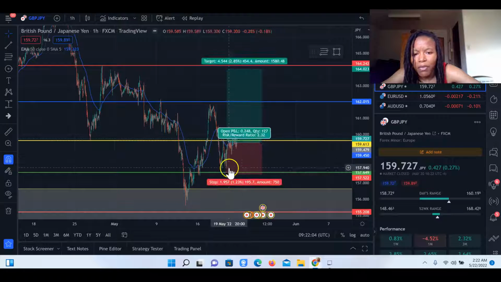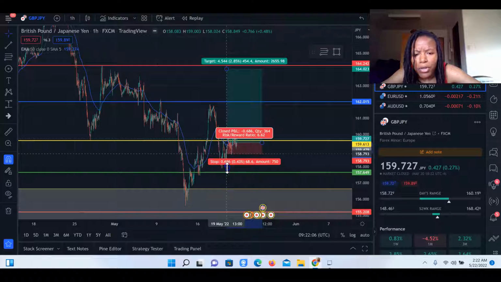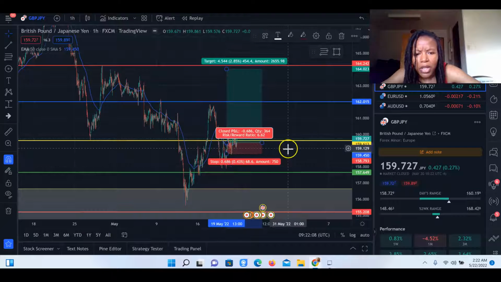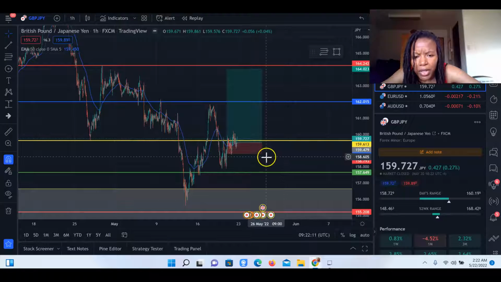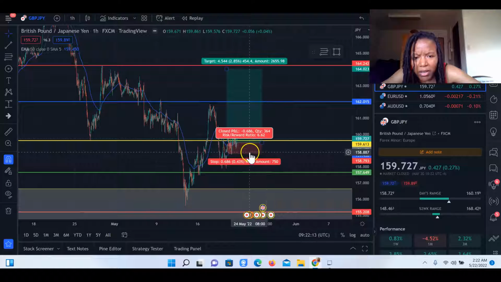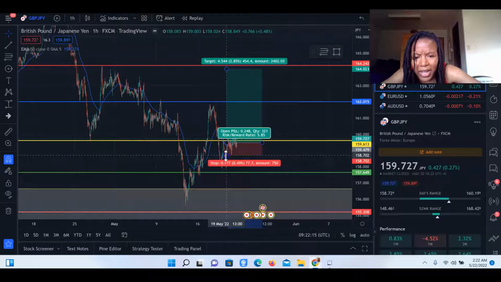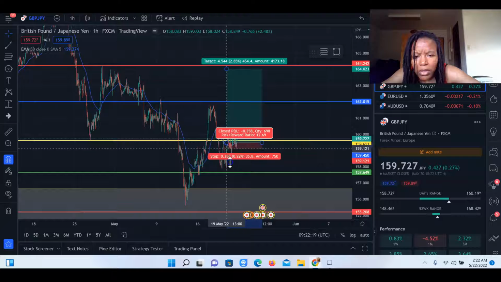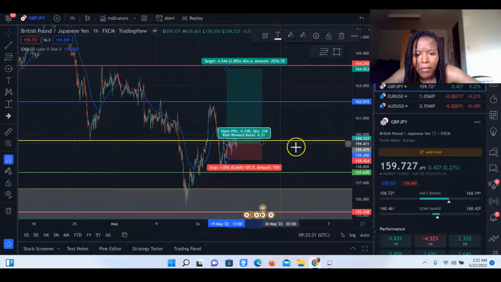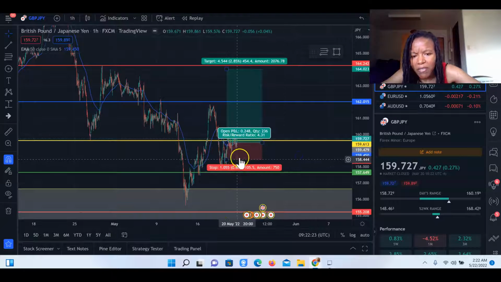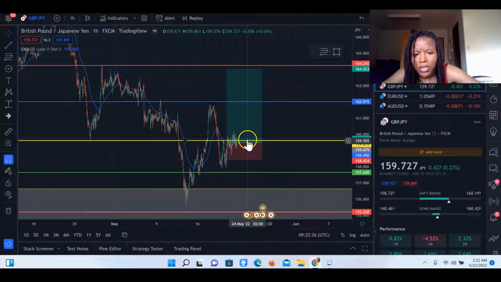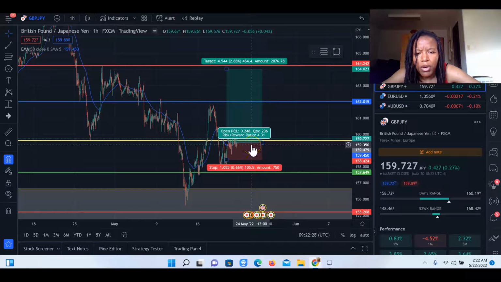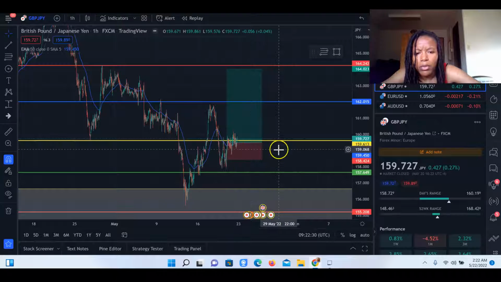You can take this full, or you can bring your stop a little tighter and put it about right there, because you still want to give price some wiggle room. That will give you a 4.31 risk to reward.